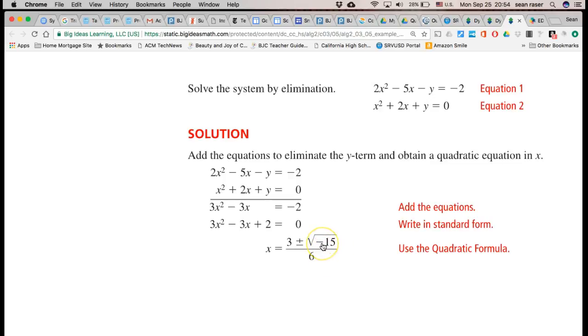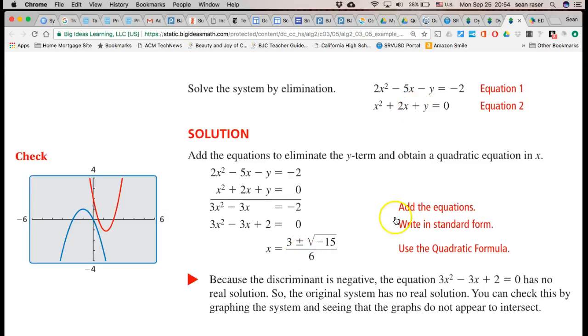When we have a negative discriminant, that means we have no real answers. Our solutions are going to be imaginary. Now, when that happens in a nonlinear system like this, when you have imaginary or non-real answers for one of your variables, that means that there are no solutions to this system.